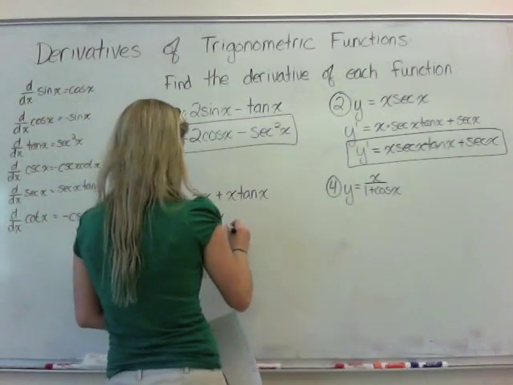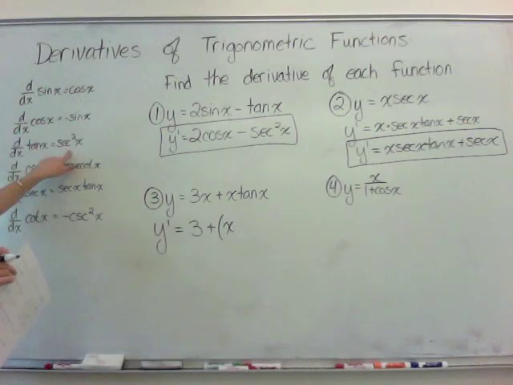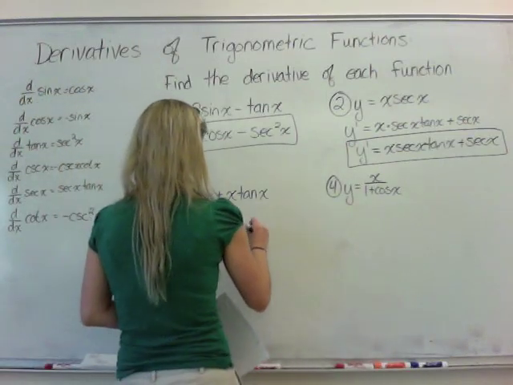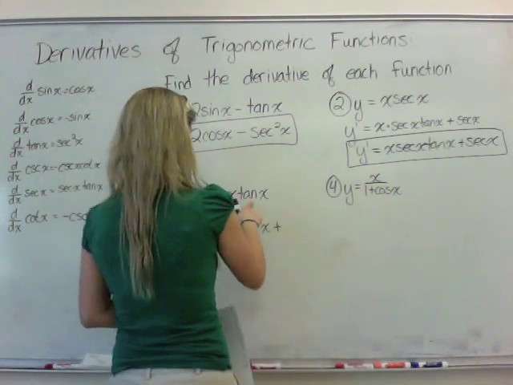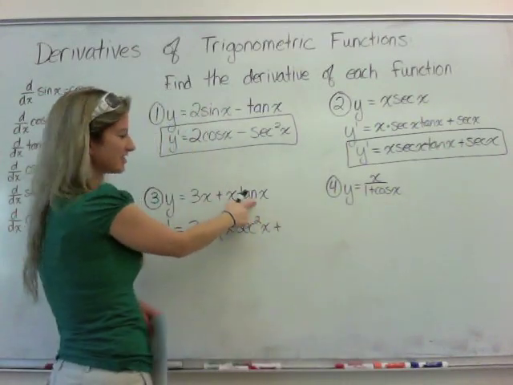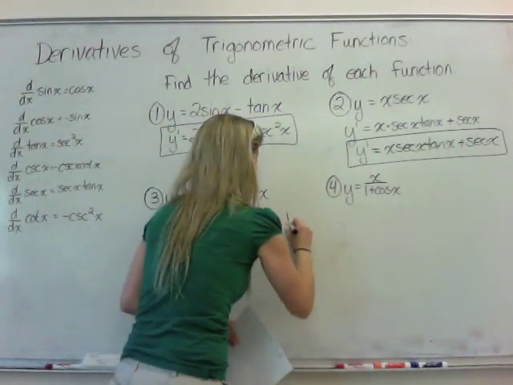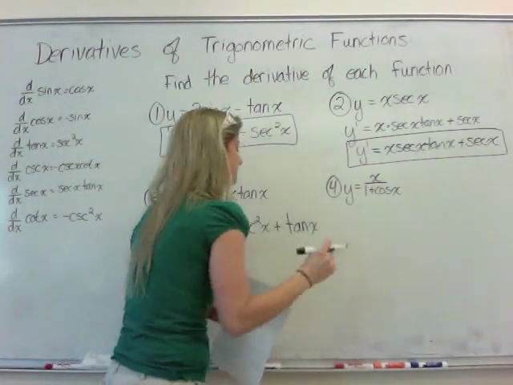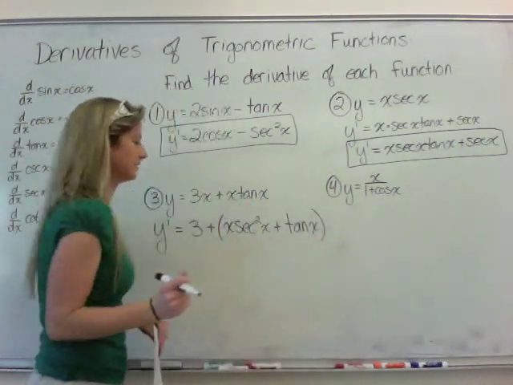So it's x times the derivative of tangent, which is secant squared x, plus tangent times the derivative of x, which is just 1. So we're done, that's it.